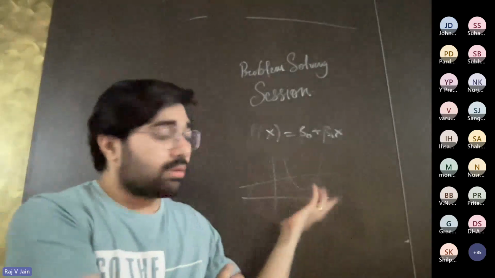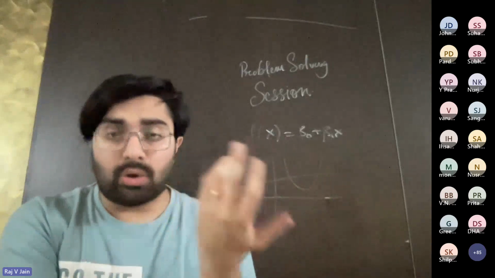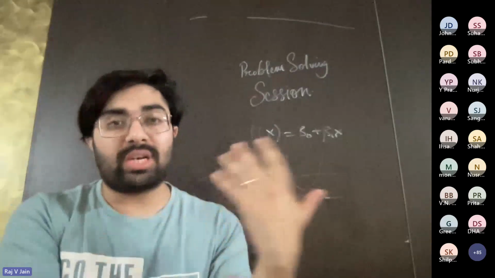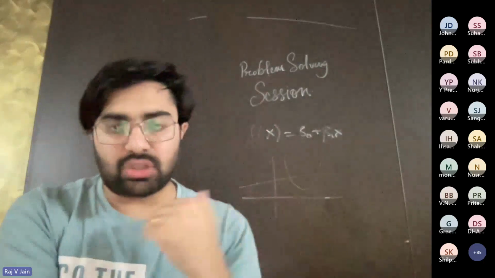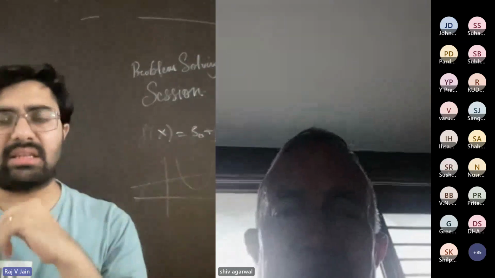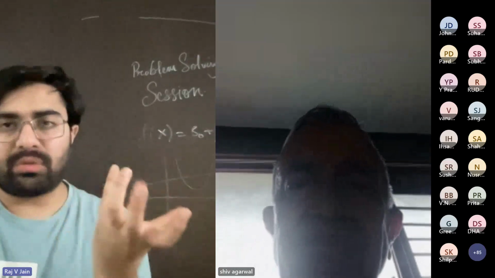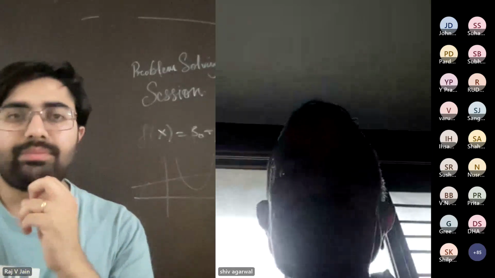But actually your data has a quadratic form. Just because you didn't think of trying a quadratic function, you ended up getting this answer. So this is what we mean by inductive bias.